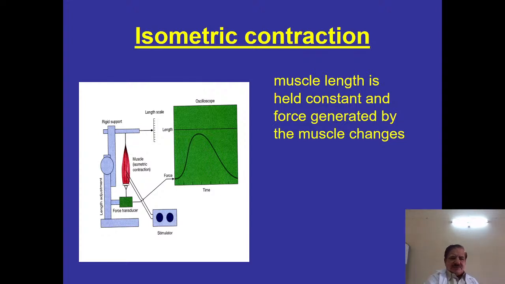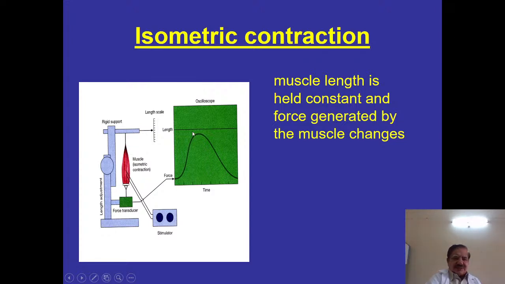Now coming to the isometric. Muscle length is held constant and the force generated by the muscle changes. Here we are giving an example. The muscle is contracting, the force is increasing, but the muscle length remains the same.